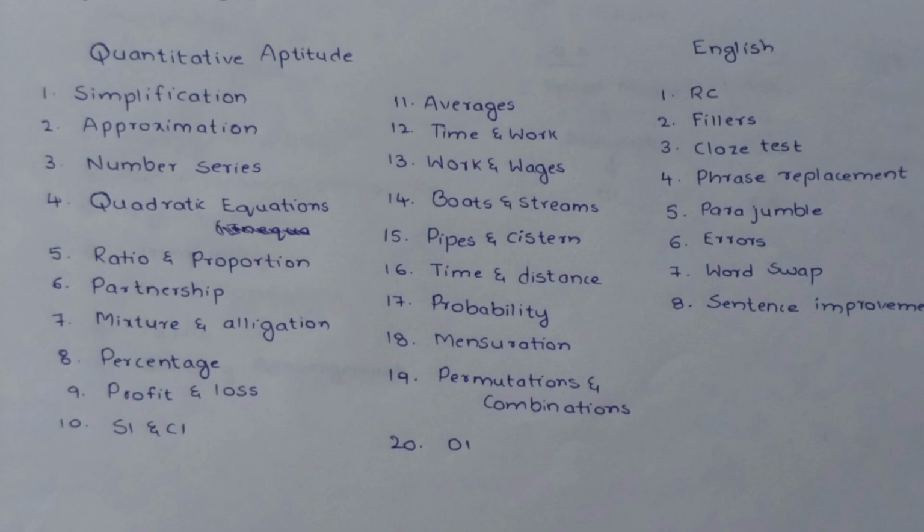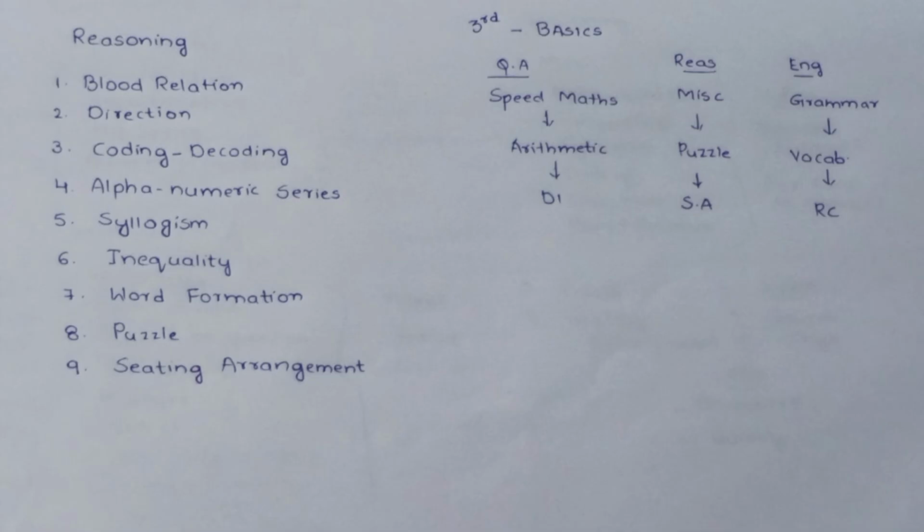And after doing this, the next thing is you have to start from your basics. For example, for quantitative aptitude, you have to divide the entire syllabus into three portions. One is speed maths, the second one is mathematics, the third one is data interpretation. For reasoning, you have to divide the syllabus into miscellaneous, which includes syllogisms, coding, decoding, directions, inequalities, like that. And the second one is puzzles, and the third one is seating arrangement.